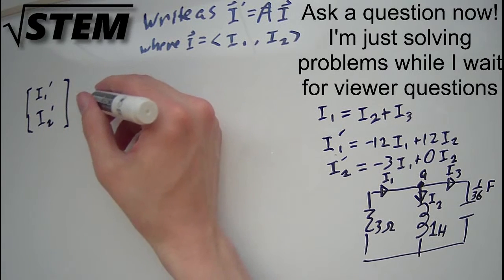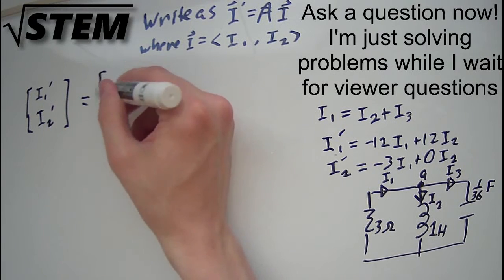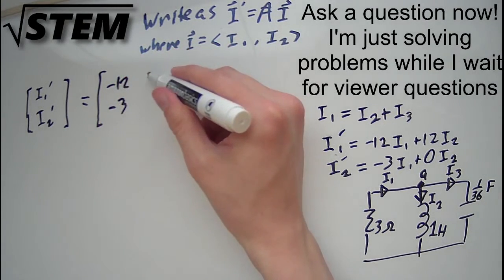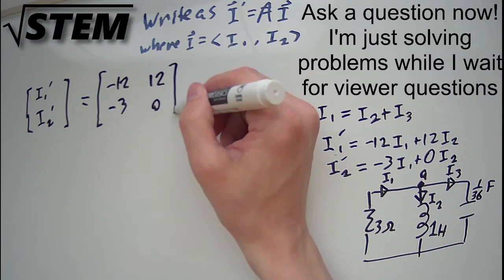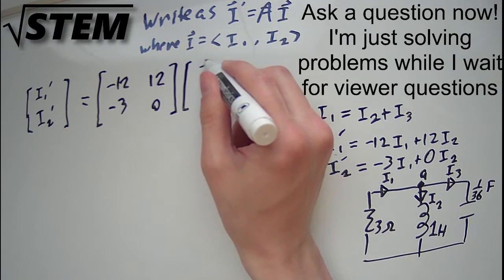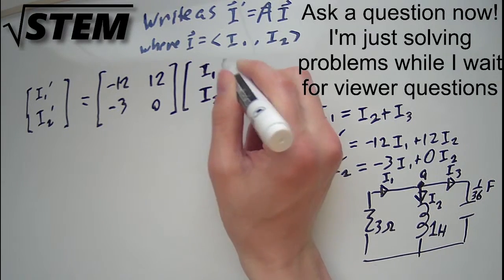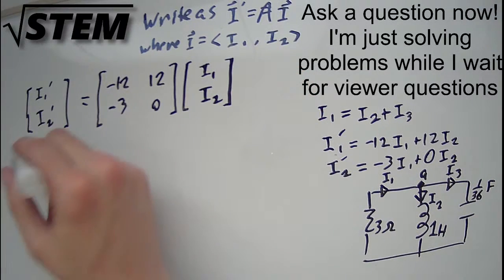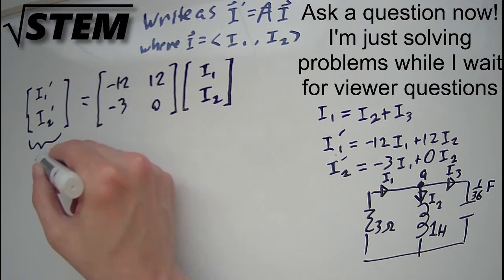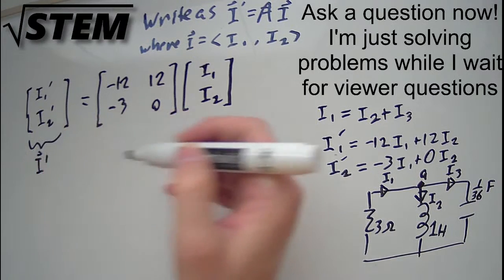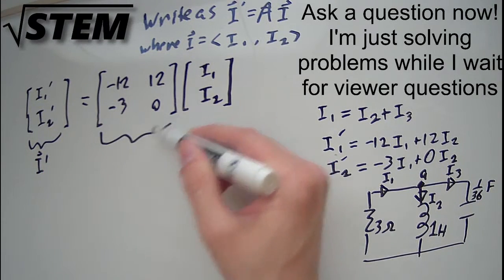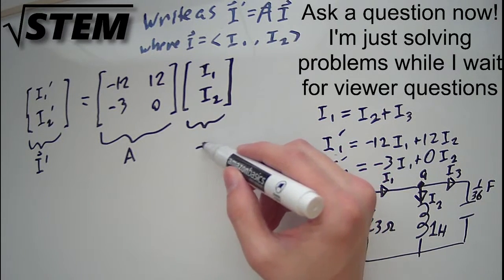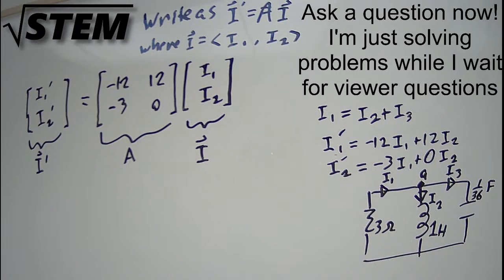And that's going to be equal to the matrix negative 12, 12, negative 3, 0, times I1, I2. So here we have I prime, the vector, we have the matrix A, and we have I, the vector.